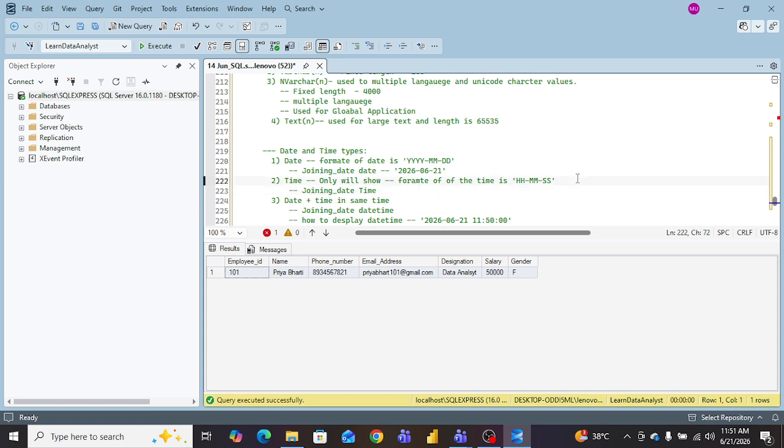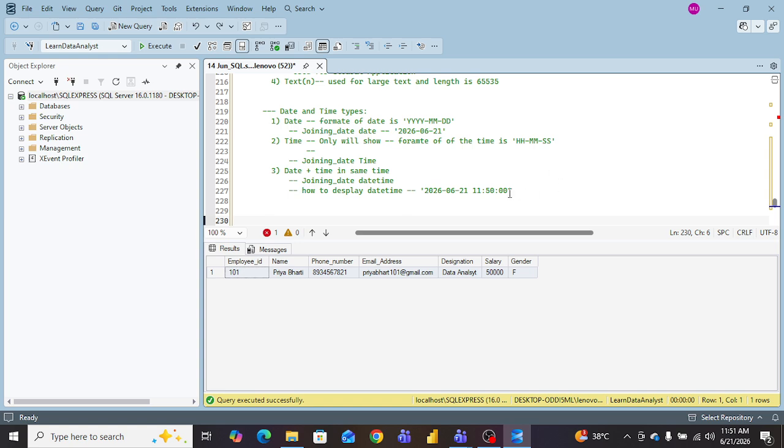How to display the time, I didn't tell you, I will show it. What happened here? How to display the time. Date and time. I think this will work. Got it?